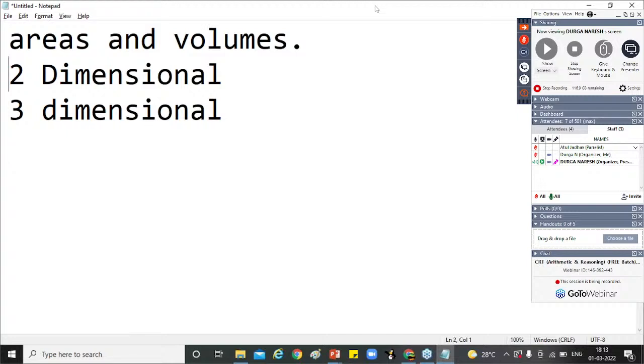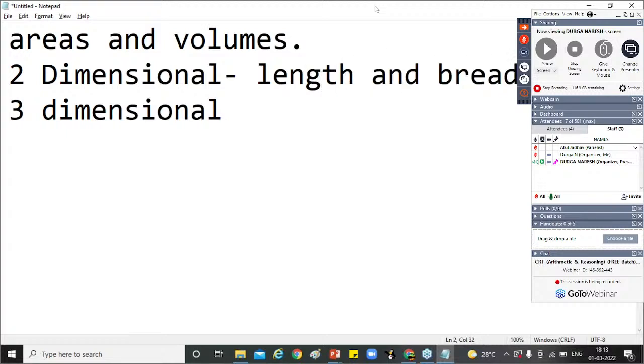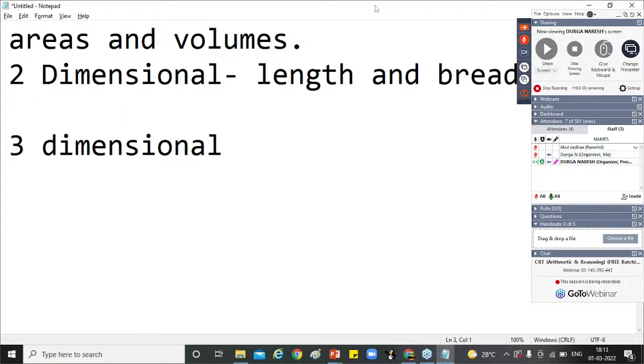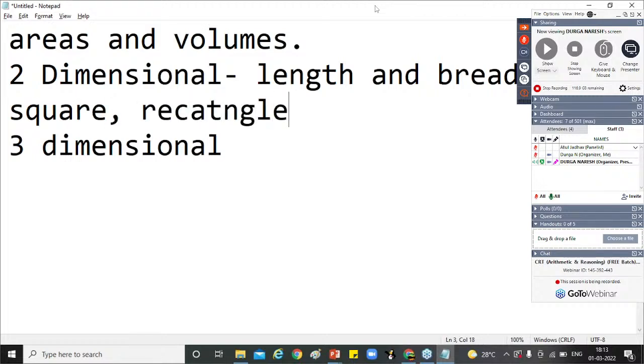In two-dimensional, there are only length and breadth. For example, if you take a square, a rectangle, a triangle, a parallelogram, or a rhombus, all these diagrams come under two-dimensional.